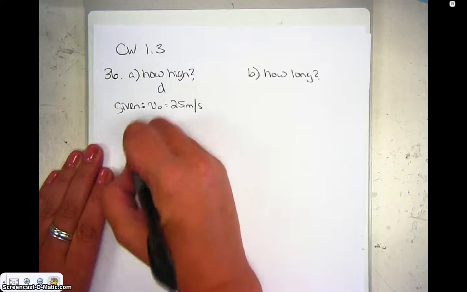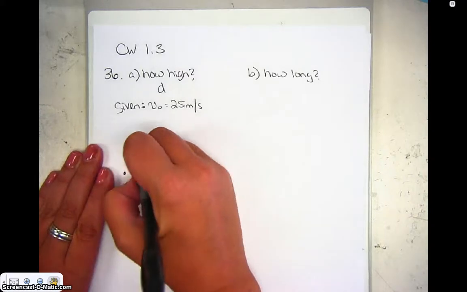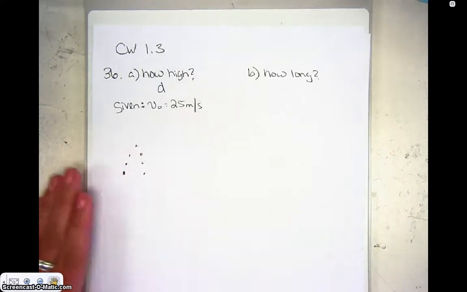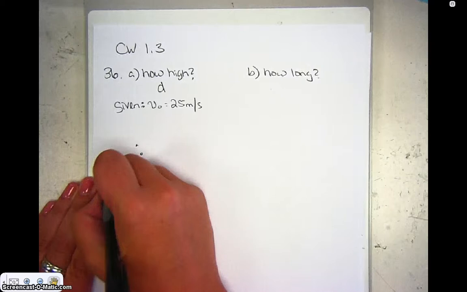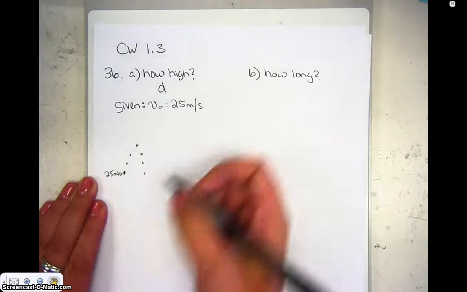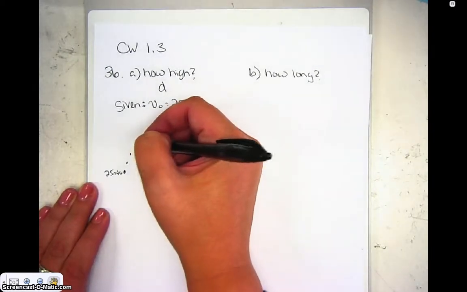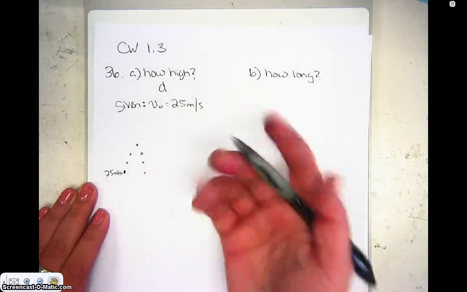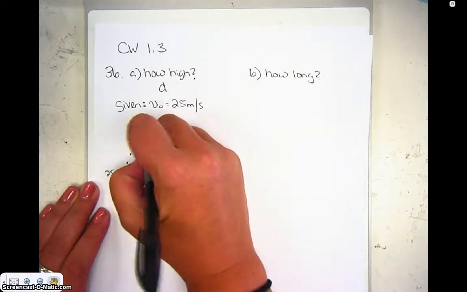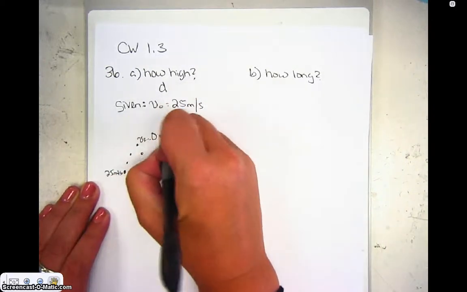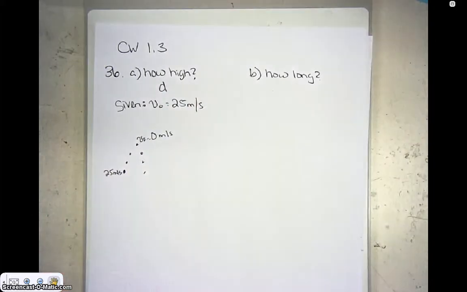If I just draw a motion diagram of this, at the very bottom I'm going 25 meters per second, but when I get to the top up here, at my maximum height, I stop for a minute, right? So I could say my V final is 0 meters per second.